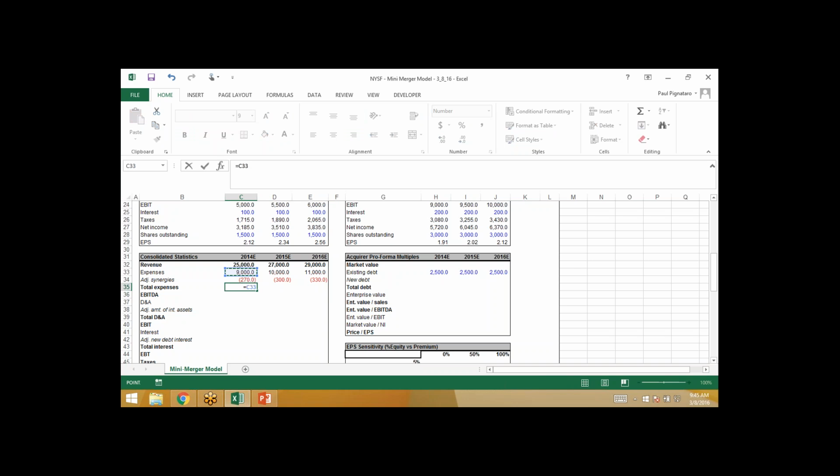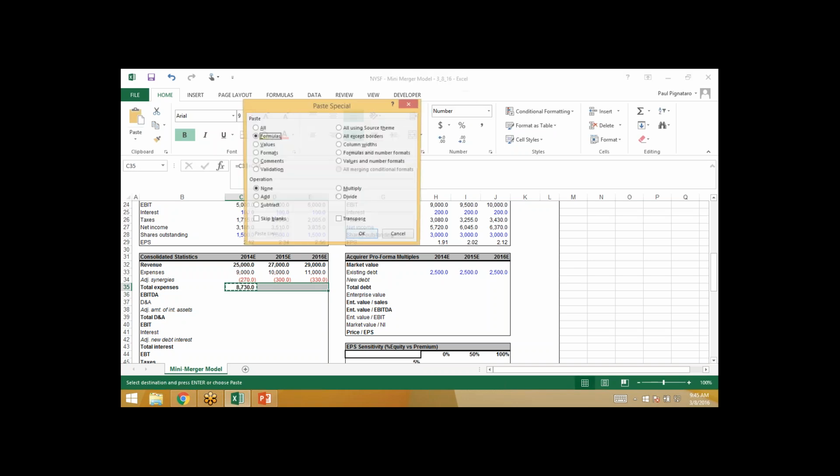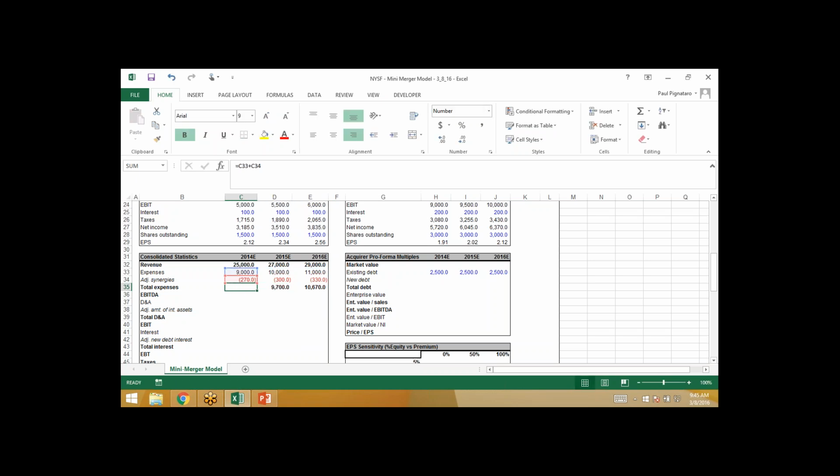So the total expenses are expenses plus synergies. Okay? Any questions on that? Okay?